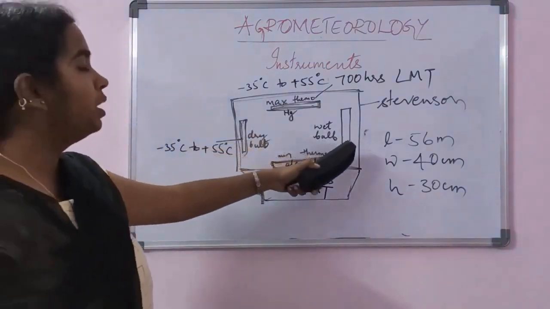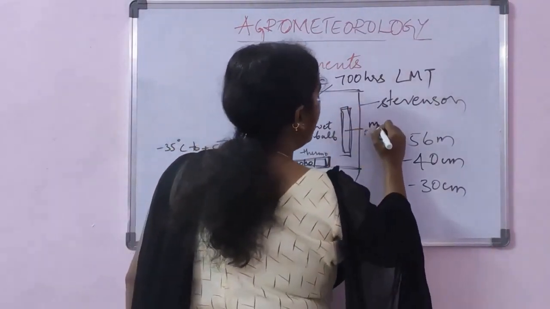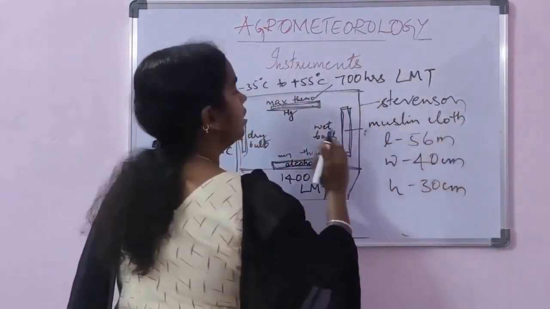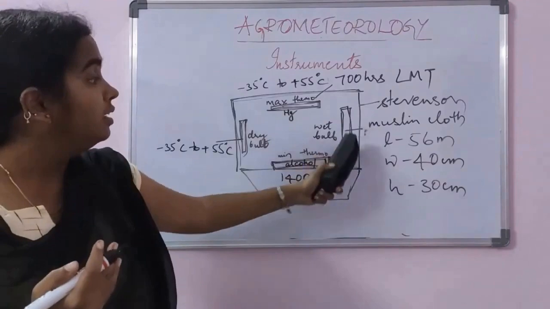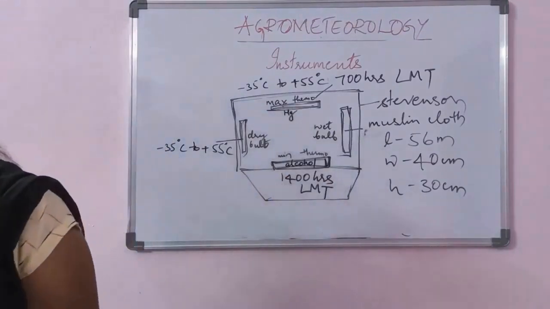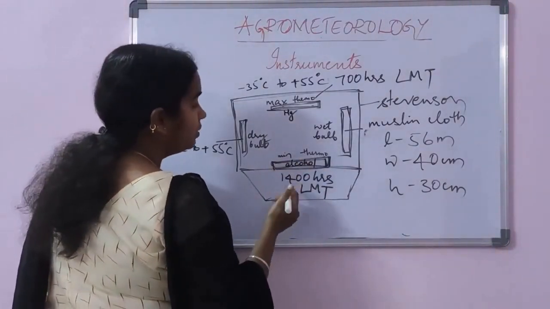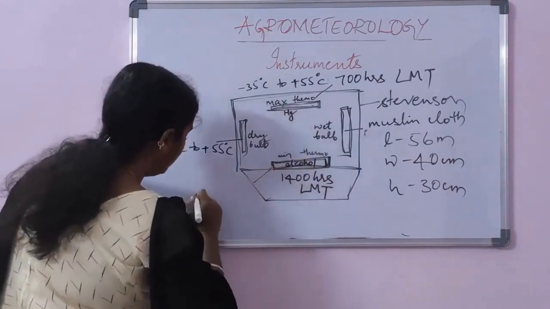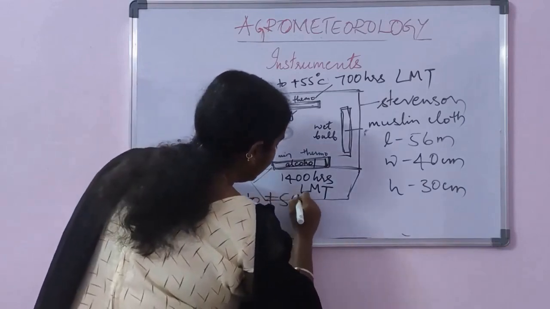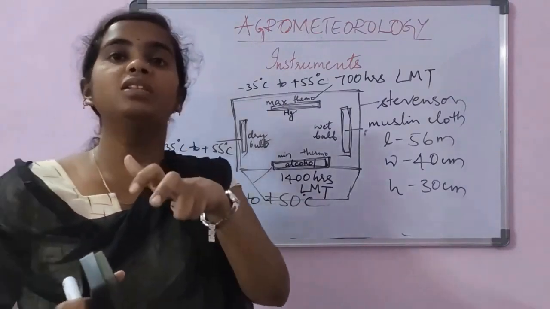Now for the wet bulb thermometer, to keep the thermometer wet, a muslin cloth will be tied around this thermometer so that it will be kept wet continuously, and the measurement of temperature will be minus 40 degrees Celsius to plus 50 degrees Celsius. So this is about the different thermometers which are kept in the Stevenson screen.